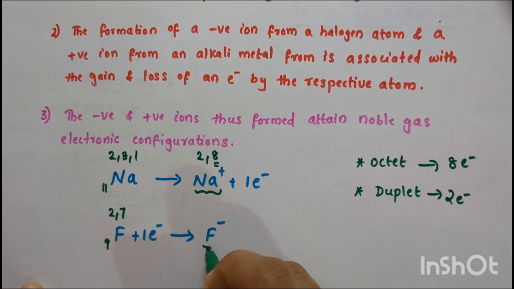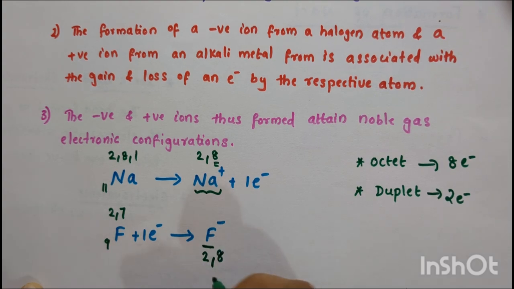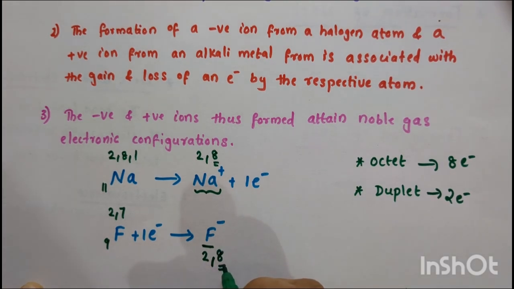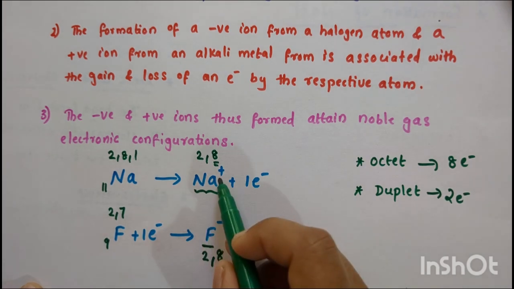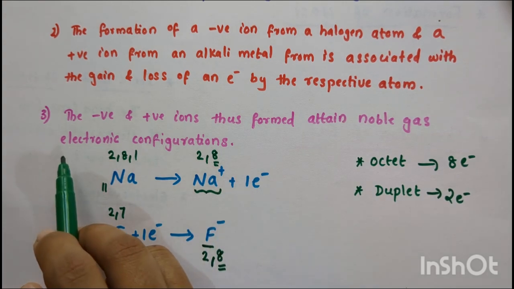This F minus ion has an electronic configuration now 2, 8. It was 7, but it gained 1 electron, so 2, 8. So, outer shell has 8 electrons, octet of electrons, which is a stable configuration. So, the positive ions and negative ions, they attain a stable noble gas configuration. That was the third observation.